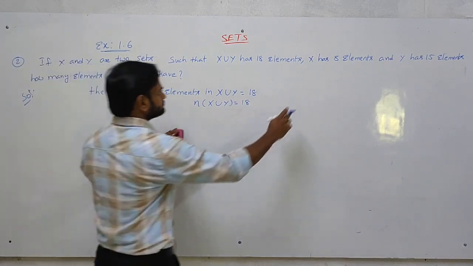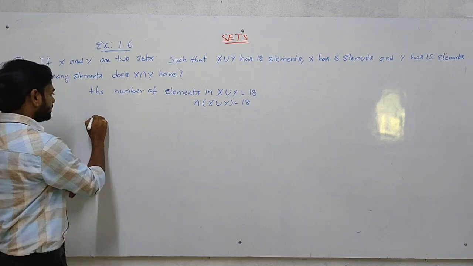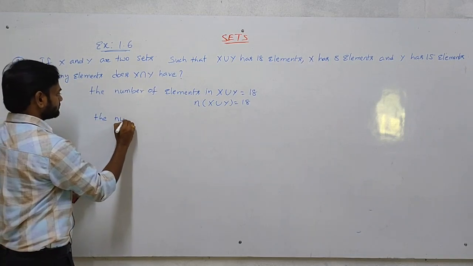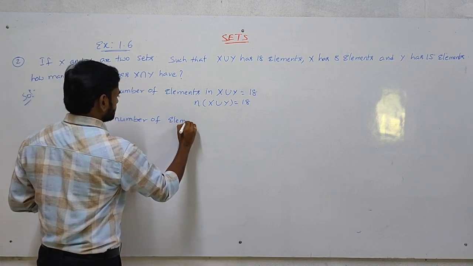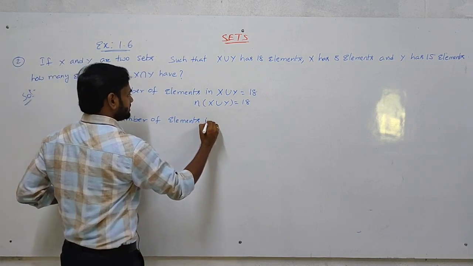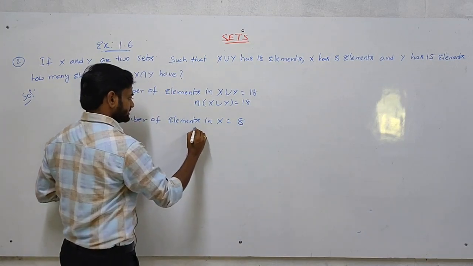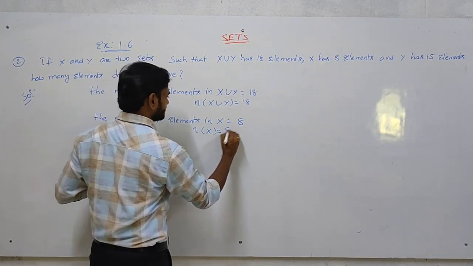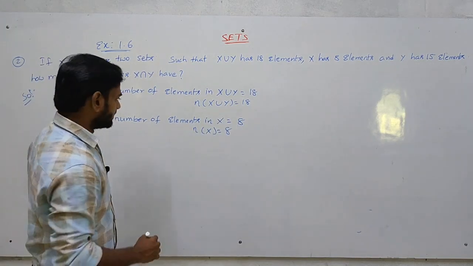Next, x has 8 elements. The number of elements in x, that is 8. That is n of x is equal to 8. Next, y has 15 elements.